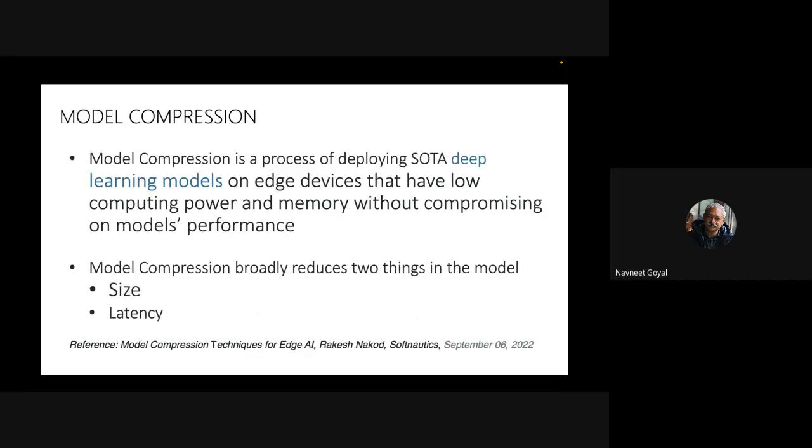So now let me come to model compression. This is one technique where we want to compress the model, mainly looking at neural networks, deep neural networks or deep learning models. Model compression broadly reduces two things in the model. One is the size, and the second is the latency, in terms of predicting a label or doing some regression.